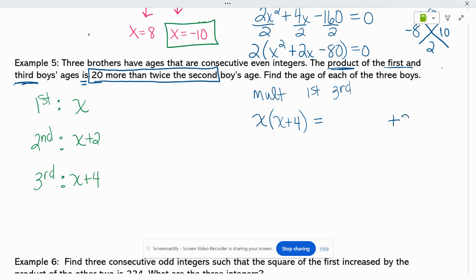It means I'm going to plus 20 to something, right? How do I show twice the age of the second? Not 2x. 2 times the, what is the age of the second child? So I have to put it in a grouping. 2 times the quantity x plus 2.